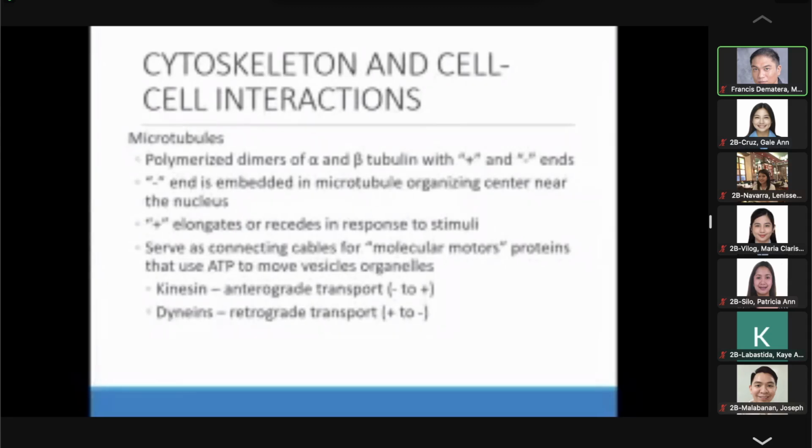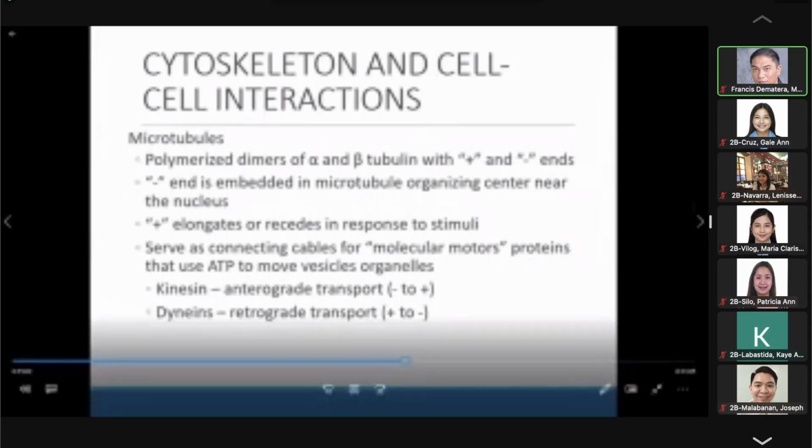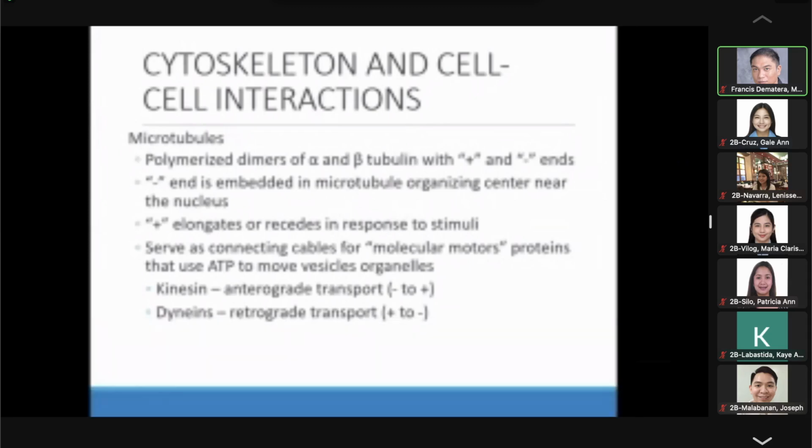Microtubules serve as connecting cables for molecular motors, proteins that use ATP to move vesicles and organelles. The kinesins move in the anterograde transport direction from negative to positive, while dyneins move in the retrograde transport direction.